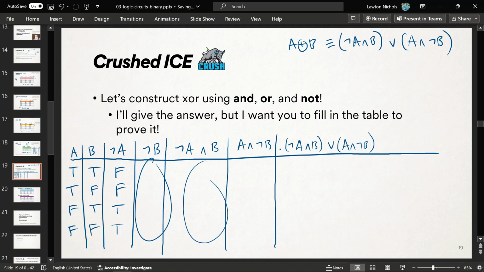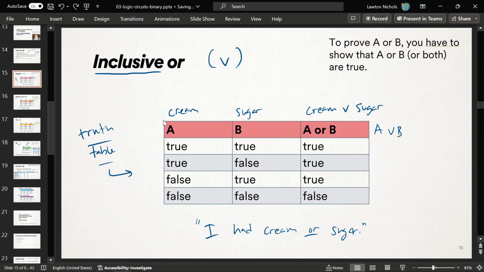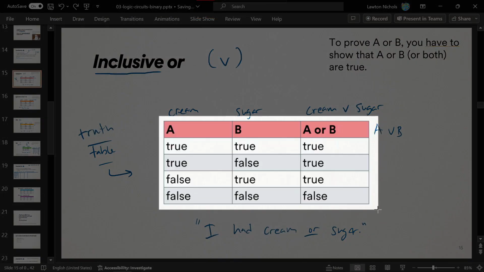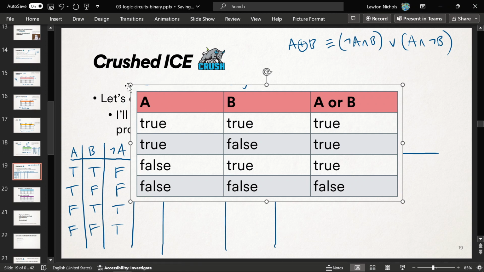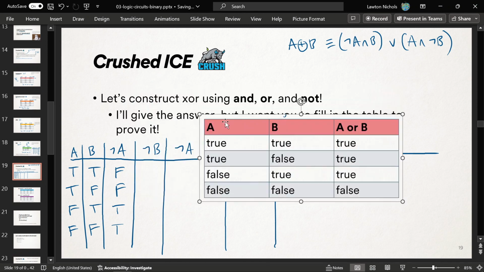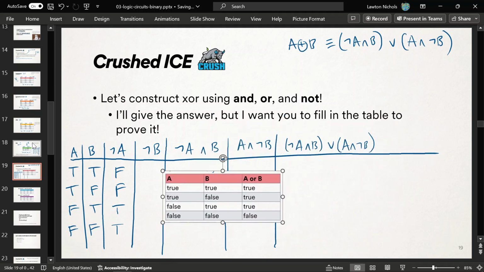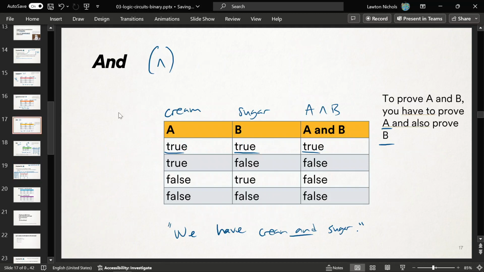So you're going to do the same for all these, building them up slowly but surely. And here, I'll give you all the truth tables. So please help each other and give this a try. See if you can fill out this truth table. I'll have to make these pretty small, sorry. You can always come up to the screen and look at them if you need to. There's OR, here's AND.